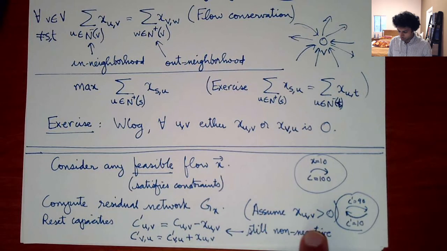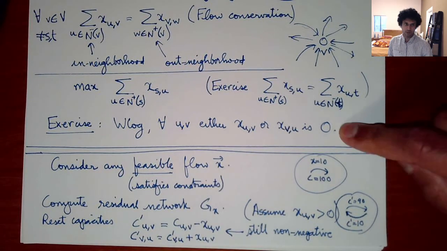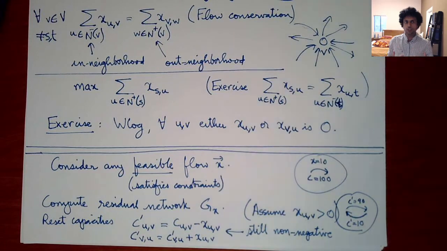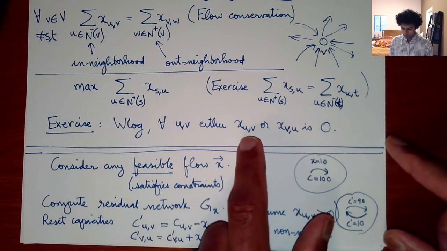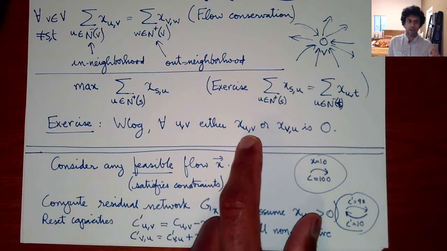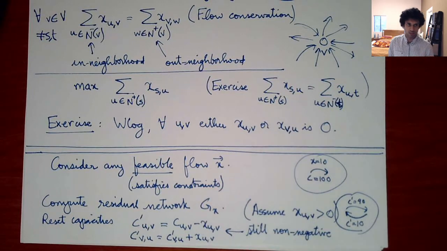No, you start with a flow. So you pick a flow, and it's like saying that you have at this point come up with some partial solution. In that partial solution, for every UV, either X UV or X VU is 0. So only one of them is non-zero. Oh, I see. And then you construct the residual network from that solution. Okay. Thank you.